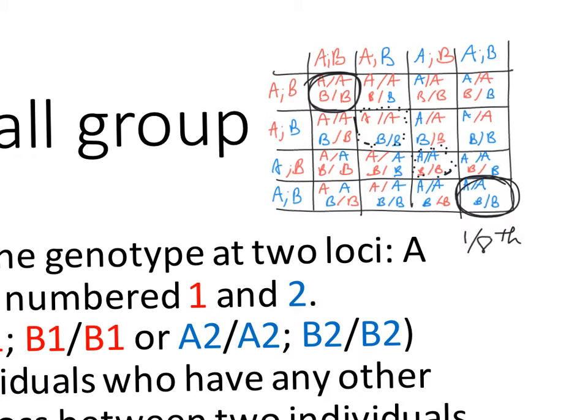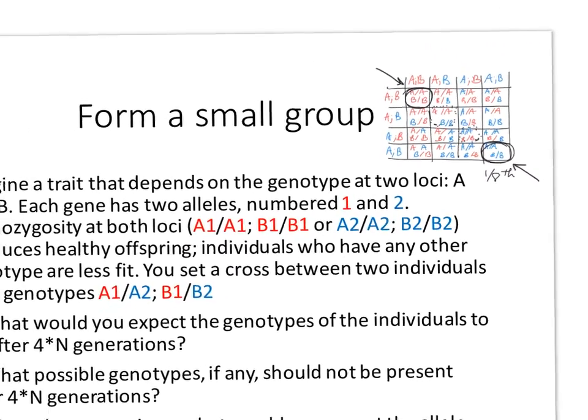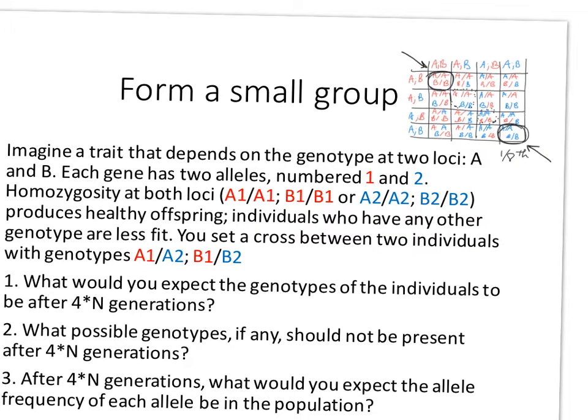But yes, you're right. The way I wrote the question, any of those on the diagonal would be healthy. I intended it to be these that have the matching colors that are the most healthy.